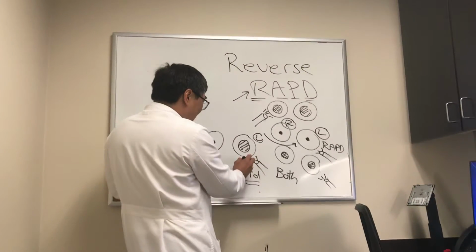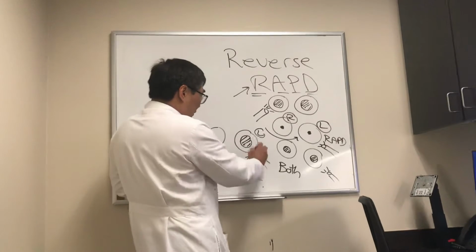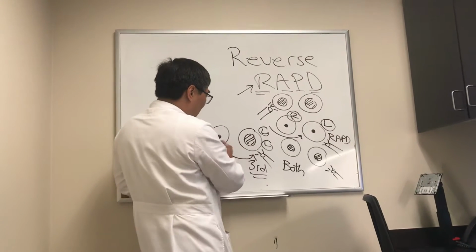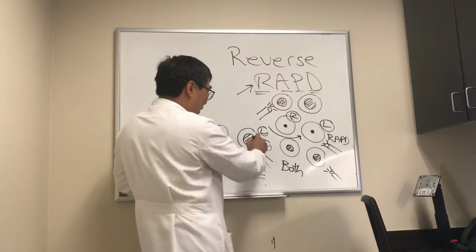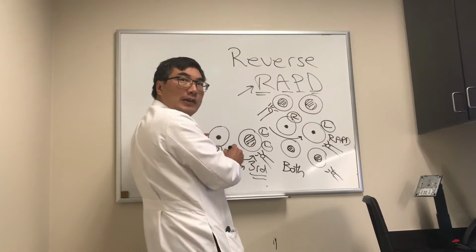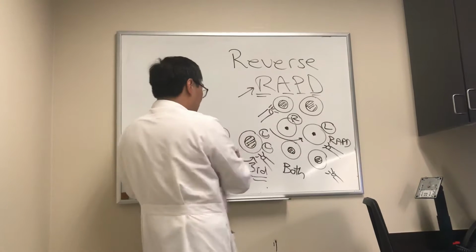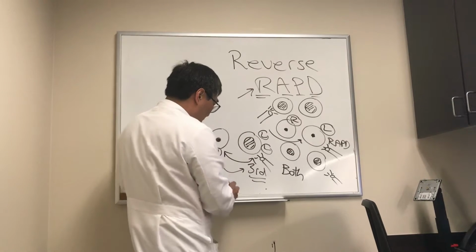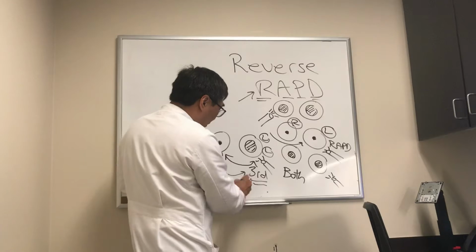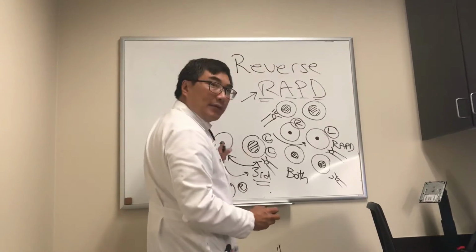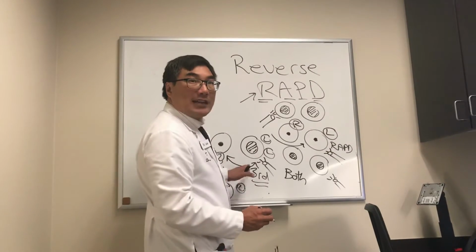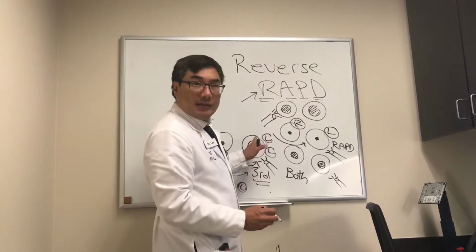We can still swing the light from the left to the right and then back to the left, but this time we're going to be looking at the right pupil. And if the right pupil dilates, then we know that when we swing the light from the right to the left, if the right pupil dilates, that we actually have an RAPD on the left side.